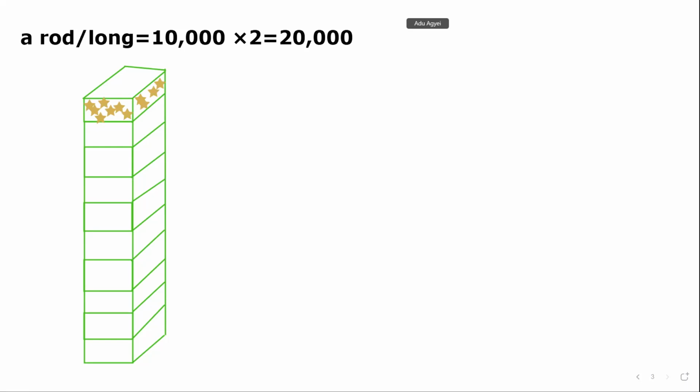So you're going to draw 2, because 1 key, 2 keys, 3, 4, up to 10 keys are packed here. But remember, 1 key is 1,000. So 1 rod here, which contains the 10 keys, will be the 10,000. 10 times the key, that will be 10,000.